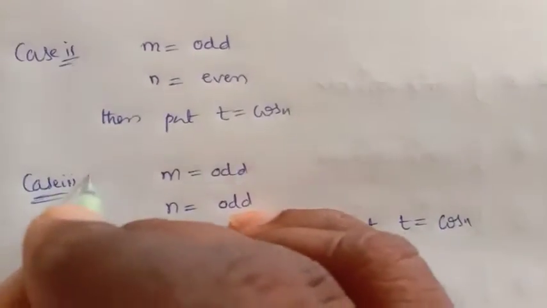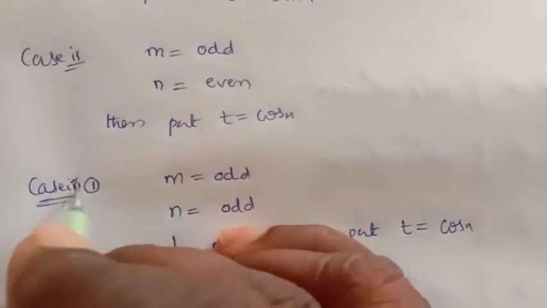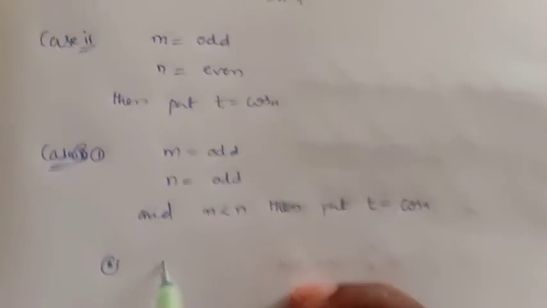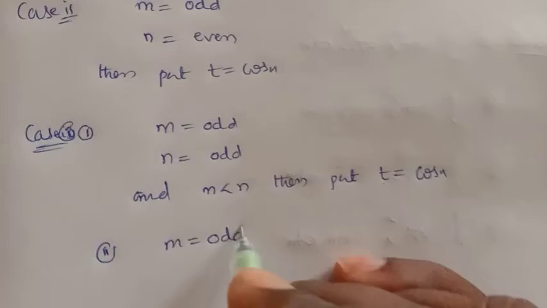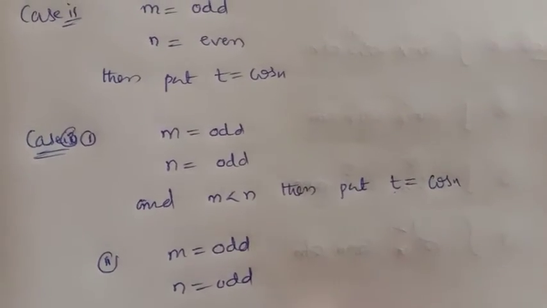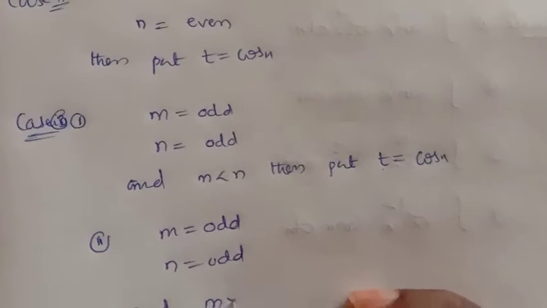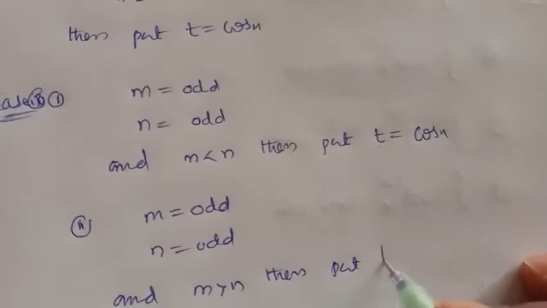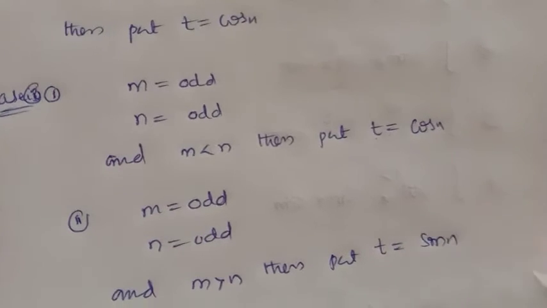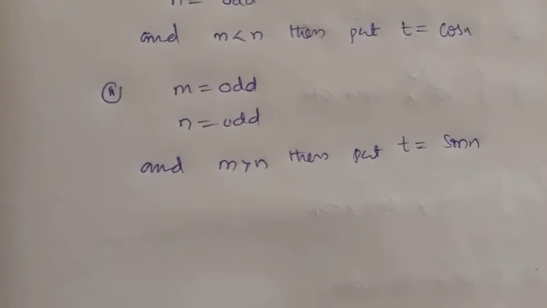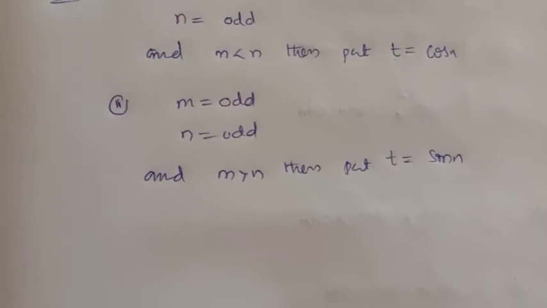And in case 3, the second one: m is also odd number and n is also odd number and m greater than n.